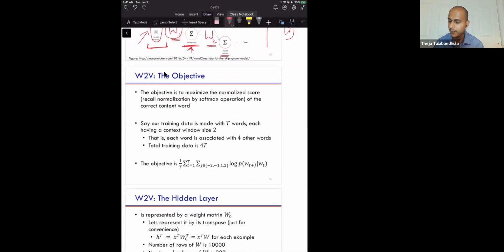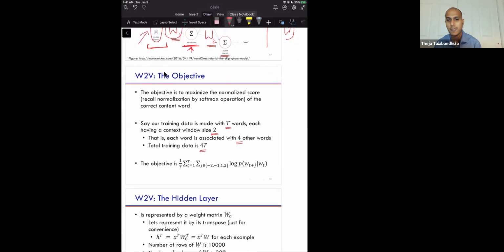In this slide, I'm just trying to describe the size of your training data. If your training data has t words, and the context window is of size 2, which is basically the description of what is considered a nearby word, then each word can be associated with four other words: 2 on the left side, 2 on the right side at maximum. So the total training data is going to be around 4t or less.